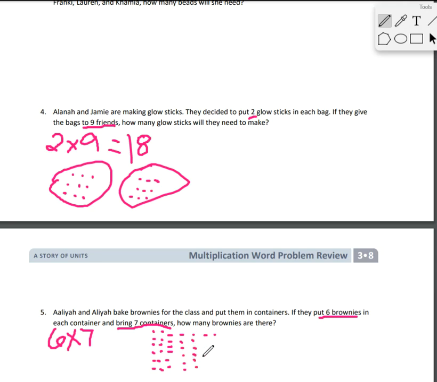The spacing isn't going to be quite as nice as what we like in school. And now if I were to count each one of my 7 rows of 6, I would find that I have 42 dots.